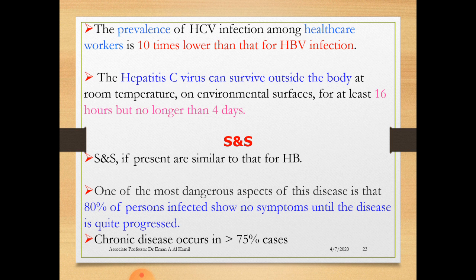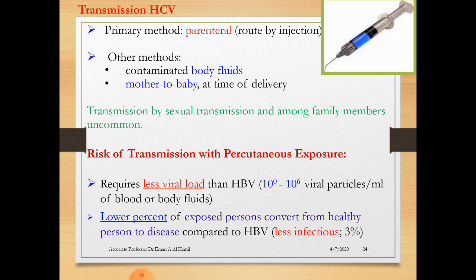The signs and symptoms, as we mentioned, are similar to those of hepatitis B. And one of the most dangerous aspects of this disease is that 80% of persons infected show no signs and symptoms until the disease is quite advanced. Chronic disease occurs in more than 70% of cases.